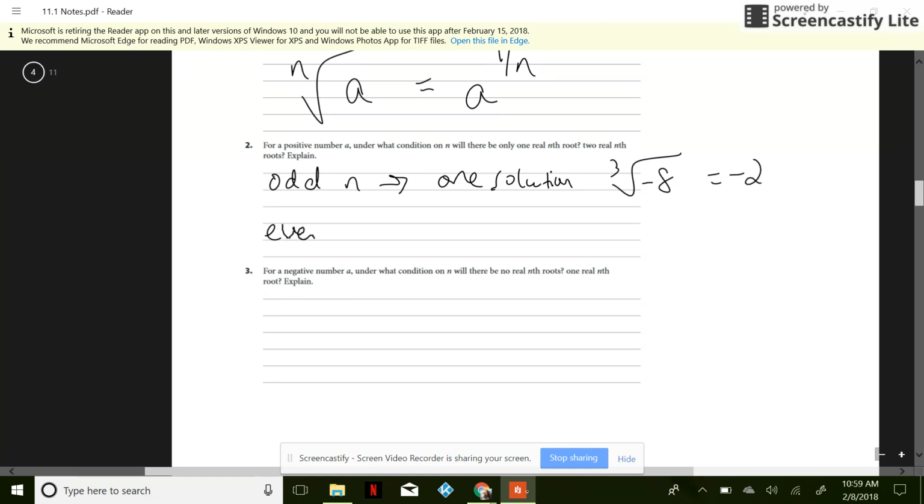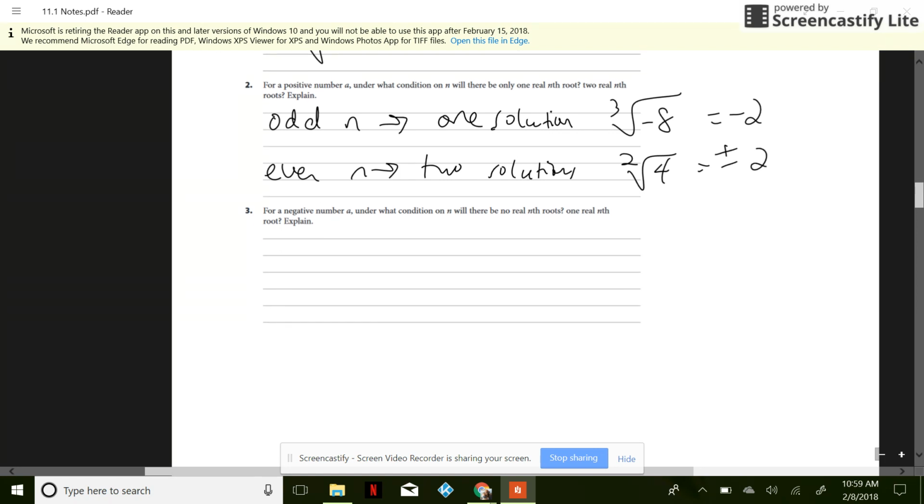Whereas if n is even, that's when we get two solutions. If we're taking, let's say, the square root of 4, n is 2, and we get two solutions of plus or minus 2.